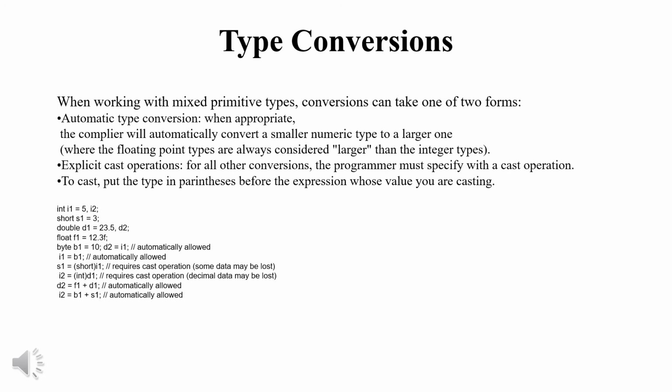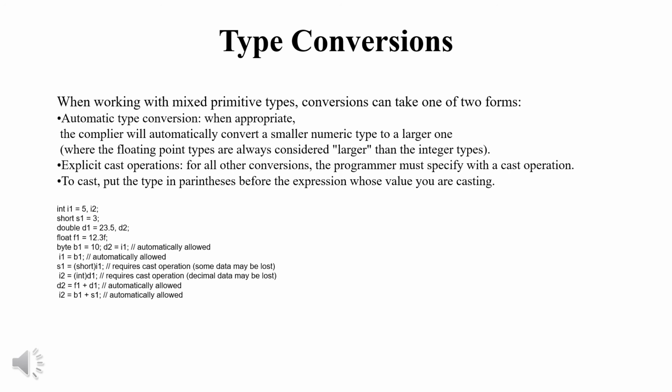You most of the time use it whenever you want to assign a value of a variable that has a different type to a variable with another type. So to do this operation, you will change the type of the variable on the right hand side first, and then you will do the assignment.